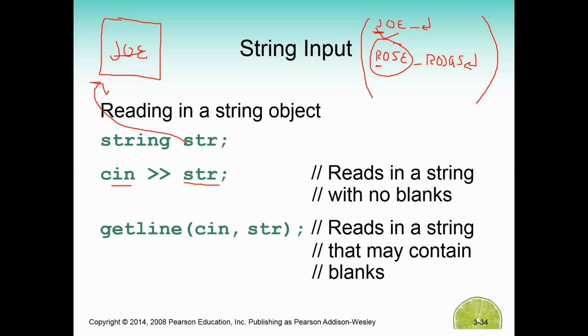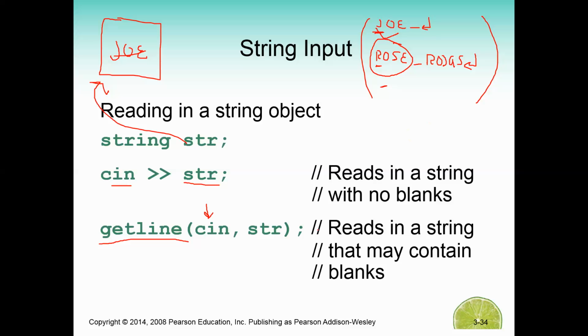In order to do that, it will need to find this instruction. Instead of the cin, we're going to use this getline. Getline is a function, so it needs the parentheses, and inside the parentheses it needs 2 arguments. The first argument says what object I am going to be using. It is the cin, because the cin allows us to send the cursor to the screen and accept input.